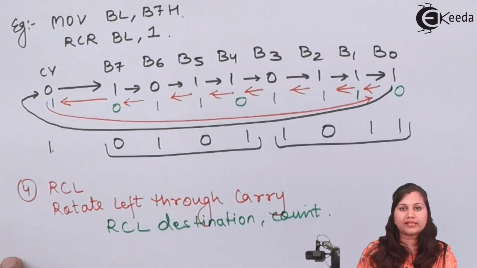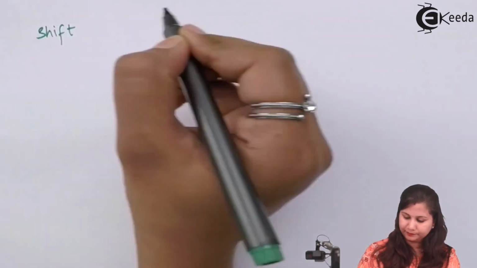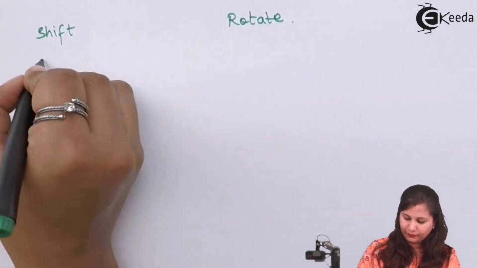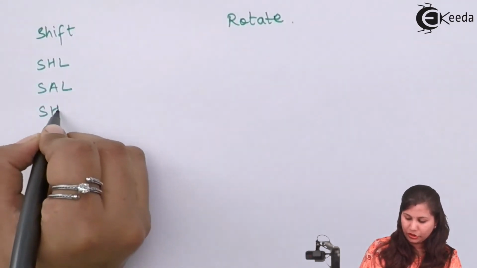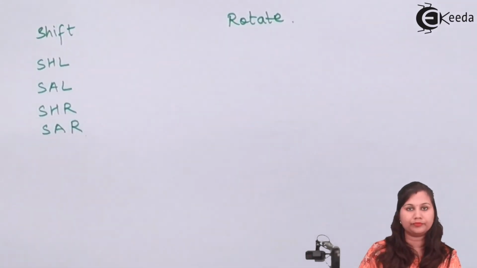So in 8086 microprocessor, we have 4 instructions for the shift operation and 4 instructions for the rotate operations. For shift, we were having SHL, SAL, SHR and SAR.